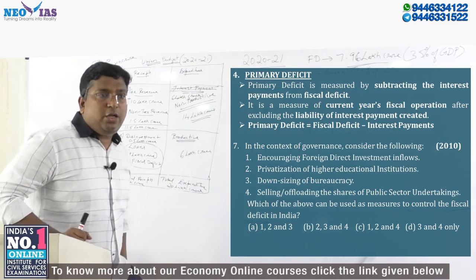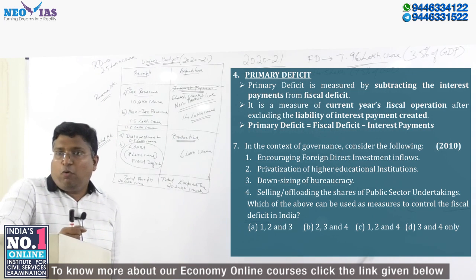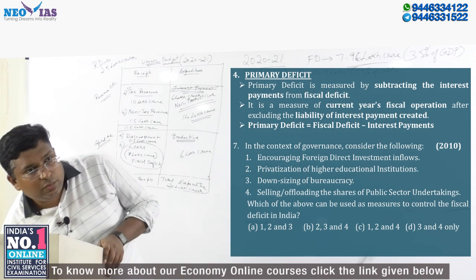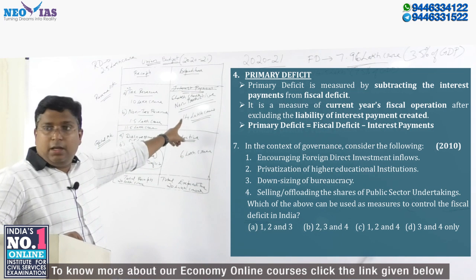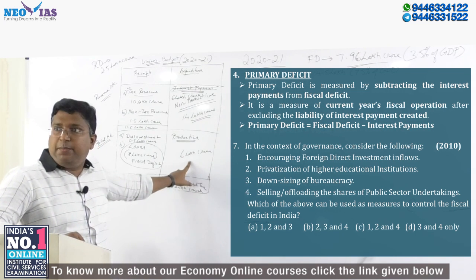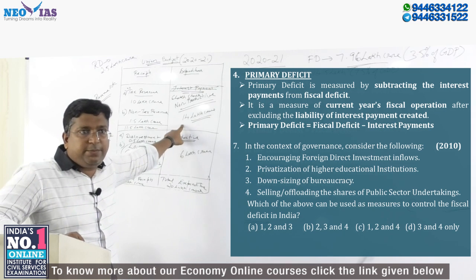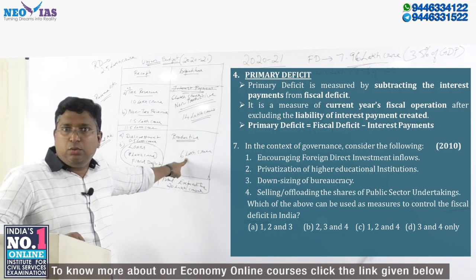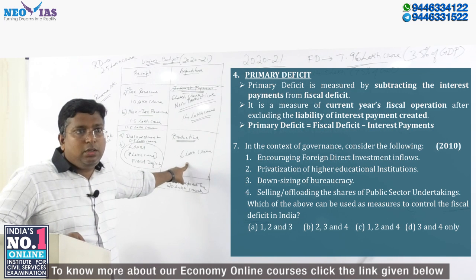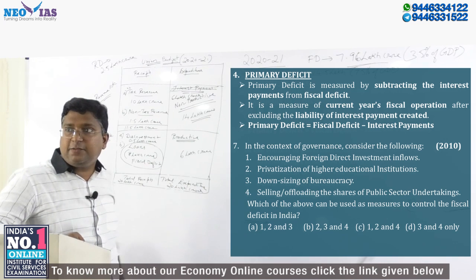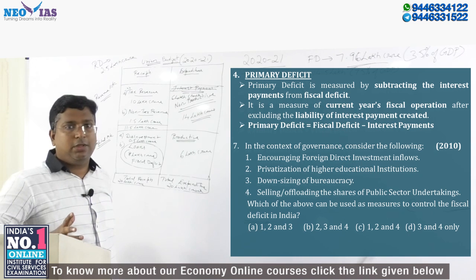In order to reduce the fiscal deficit, what are the options available to you? One thing you can do is reduce the expenditure, any expenditure. By reducing the expenditure, you can control it. Increasing expenditure means you cannot control it.